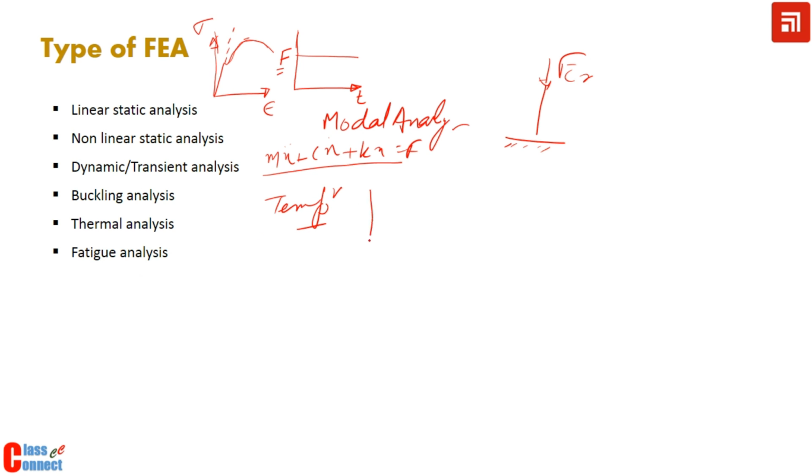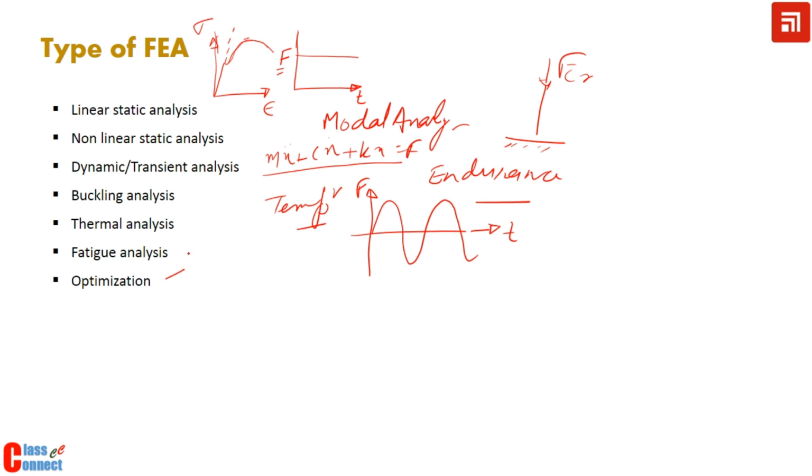Fatigue analysis is done when we have the fluctuating load, maybe completely reversed load or alternating load, and the design equations are on the basis of the endurance limit, or Soderberg equation, Goodman criteria, Gerber criteria, or modified Goodman criteria, like this.